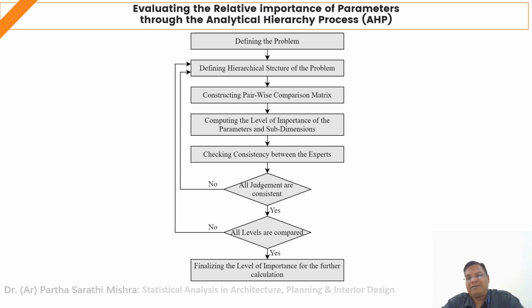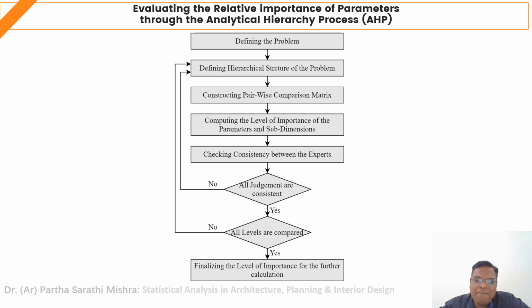Now, for each level of parameters, we have to construct the pairwise comparison matrix. Then, computing the level of importance of parameters and subdimensions. For this, I am giving a three level hierarchy. Then, checking the consistency between the experts. If all the judgments are consistent, then we go to the next level, that is, all levels are compared.